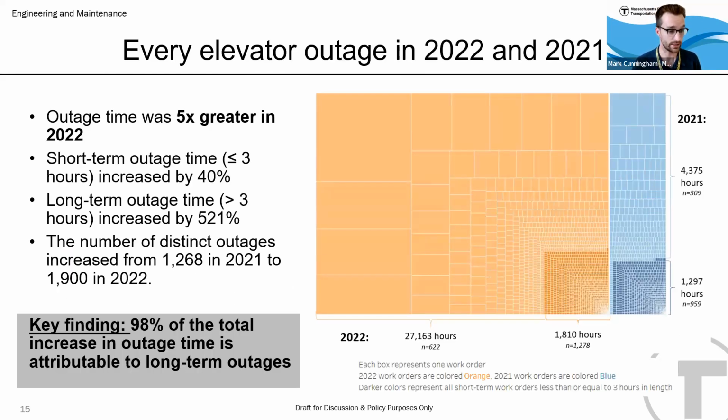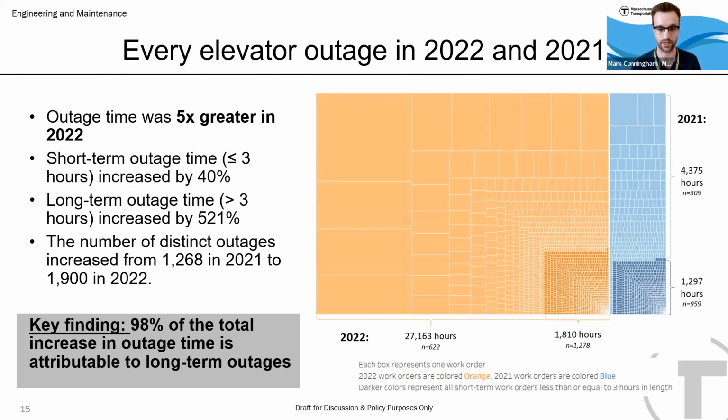So the graphic presented here on the right is called a tree map. This is a visualization that uses rectangles to show the duration of our elevator outages. Each rectangle's size corresponds to the length of the time, and so the larger the rectangle, the longer the outage. If we focus on the blue section on the right, these are representative of all elevator outages in the year 2021.